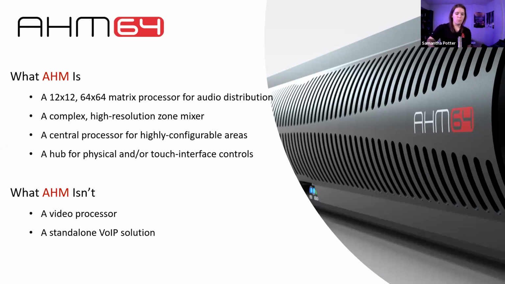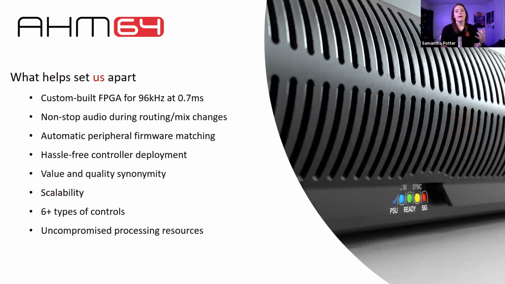So with that in mind, what helps set the HM64 apart from other matrix processors that you may have used or seen or even heard of? Really big ones being we have a custom built FPGA, and we lock that in at a 96K sampling rate, and we can lock it in at 0.7 milliseconds.